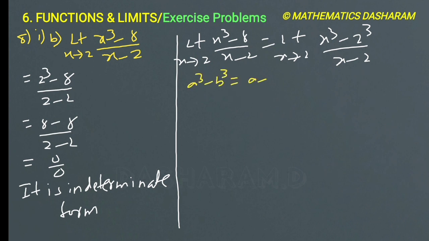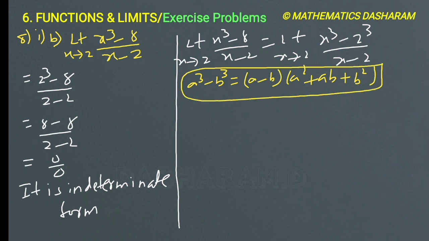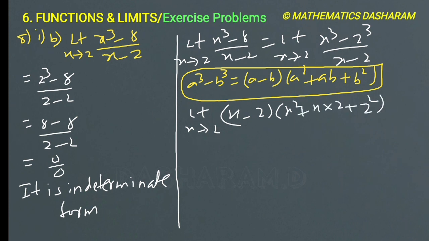So that is (a minus b) into (a square plus ab plus b square). So limit x tends to 2 of (x minus 2) into (x square plus x into 2 plus 2 square) divided by x minus 2. x minus 2 cancel.